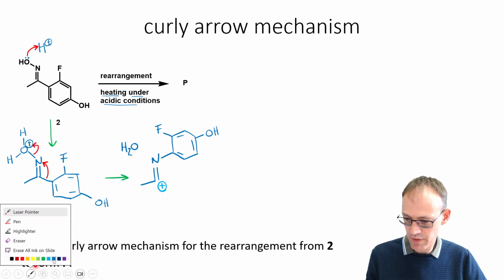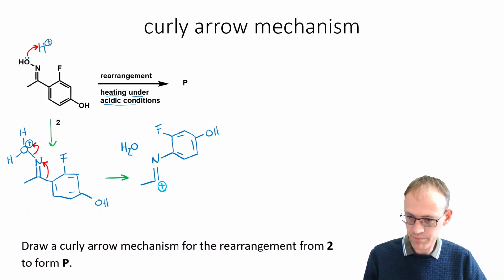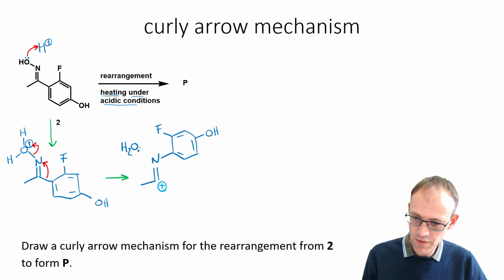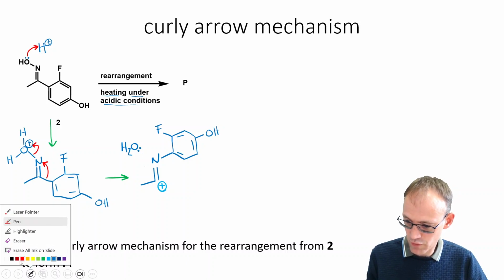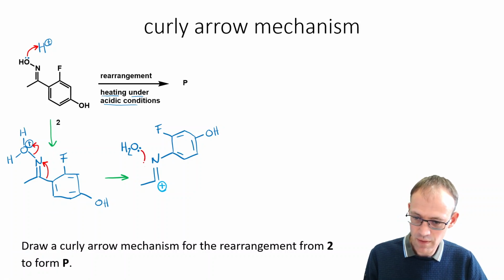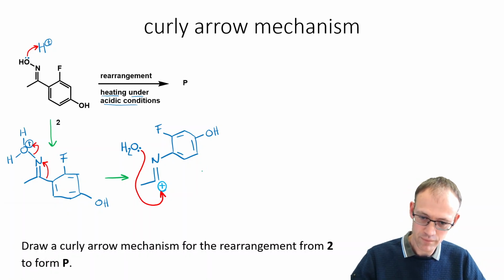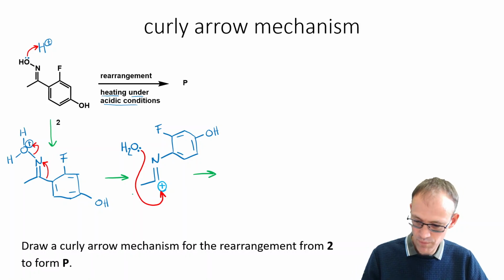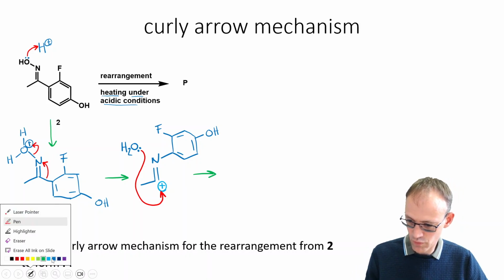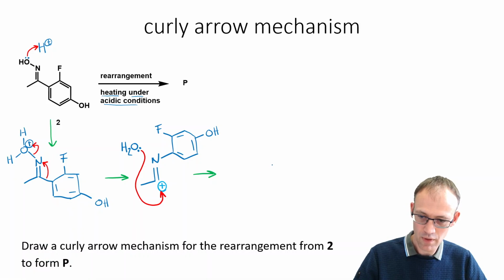Now, what can happen in this next step is this molecule of water, or another molecule of water, of course, can attack this positive charge, which leads to the following molecule. So you'll see that I'm going to rotate the aromatic ring a little bit again.